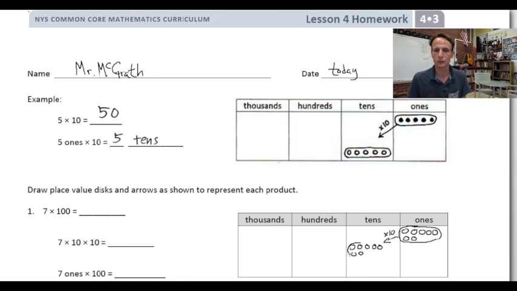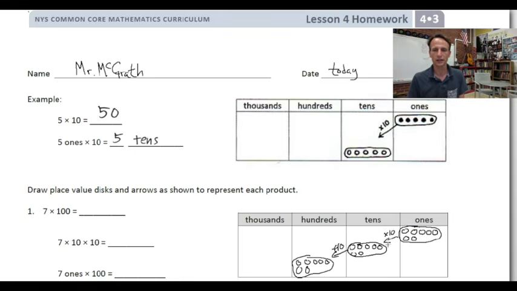Okay, and we're not just multiplying by 10, we're multiplying by 100, which is 10 times 10. That's why we're multiplying by 10 twice. And we'll again ride the times 10 slide. And here we go. 1, 2, 3, 4, 5, 6, and 7. And here they are in all their glory.